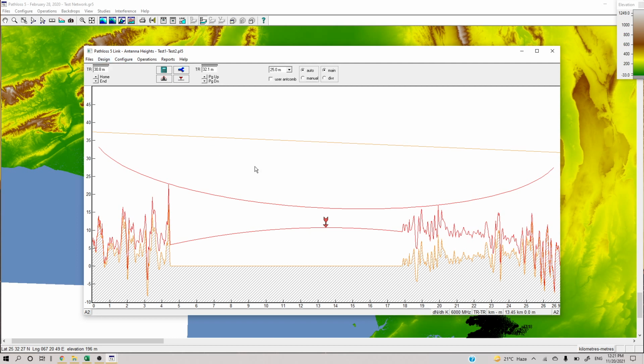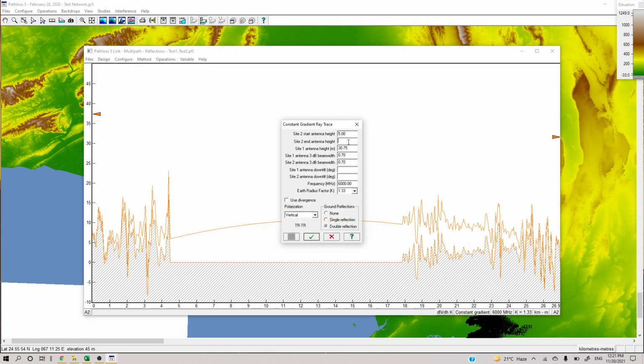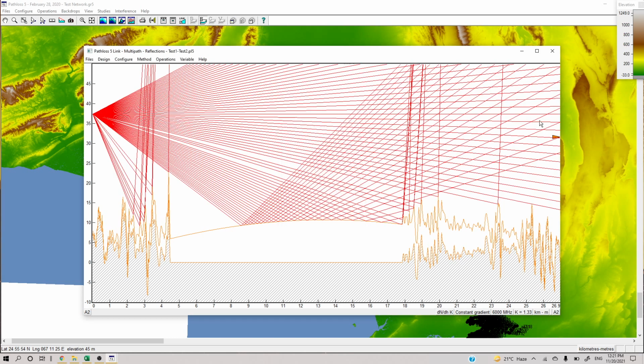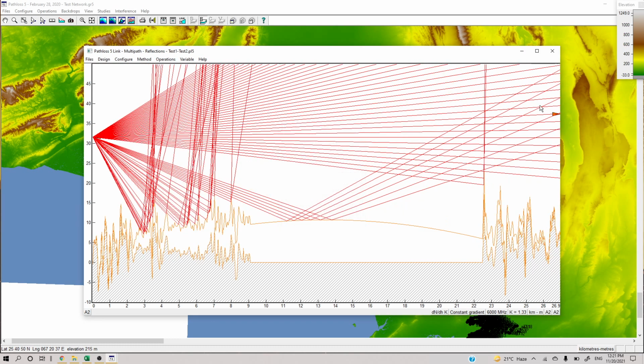And we cannot lower the antenna further, because if we lower it, then the earth bulge, the K factor, will start hitting it. And as the multipath tells us, even at this place where we are sitting right now, we are in the danger zone. And if I reverse the profile, then even the reverse side. So you have a problem on both sides. This is what water can do to you.